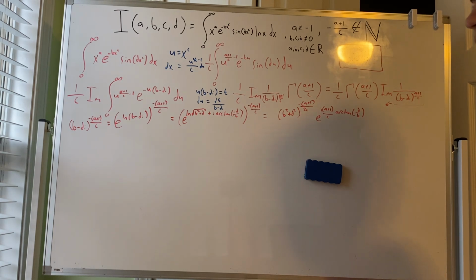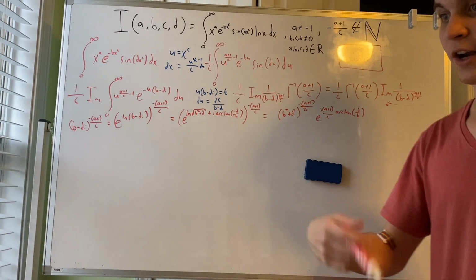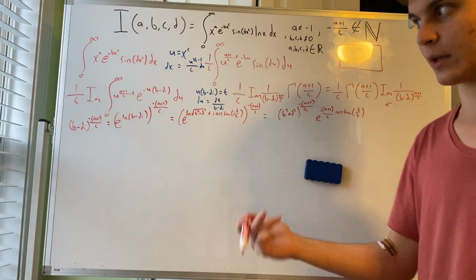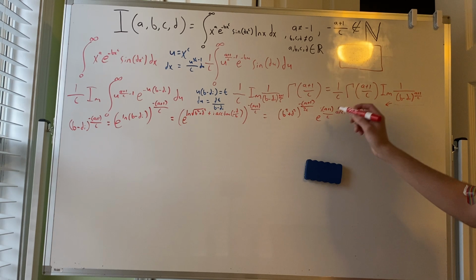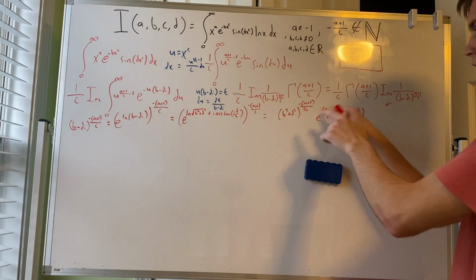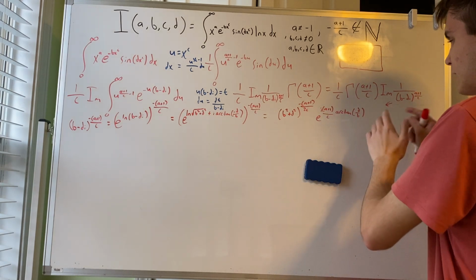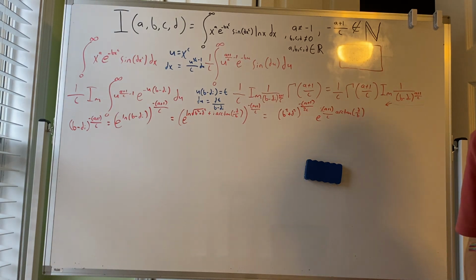So then we have to expand this again. Remember that e to the i times something is cosine of that something plus i times the sine of that something. So that means this would be cosine of all this stuff, everything in the power excluding the i, and then plus i sine of that same stuff. Since we're looking for the imaginary part, the sine function is what's going to be the imaginary part.